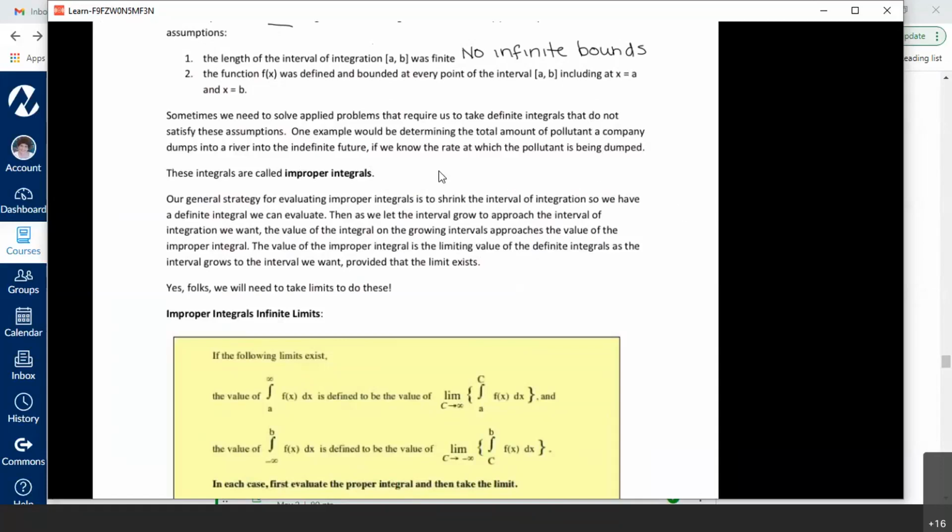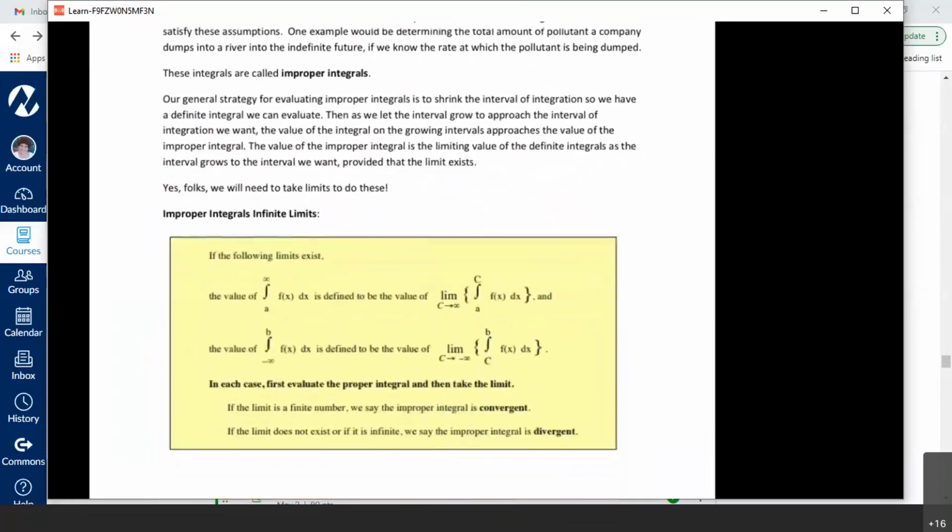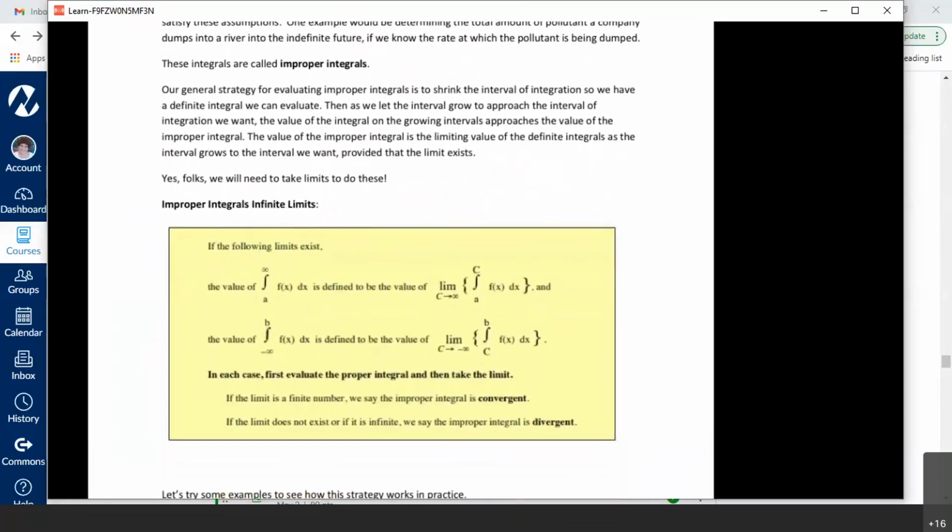Okay, that's an example of using an improper integral. Sometimes they're called improper integrals. Again, that's an unfortunate terminology. It's just a type of integral. So how do we handle these? Okay, so one thing we can do is we can replace our infinite bound. You're not really shrinking it.